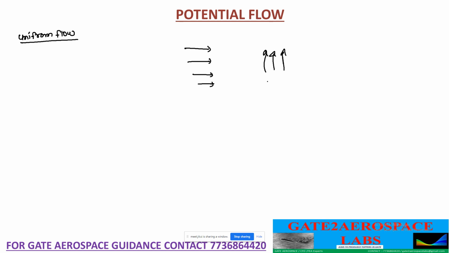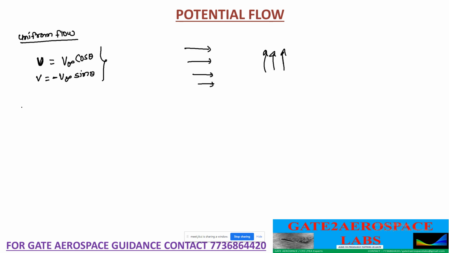But for a general flow, you can represent the velocity. I am skipping the steps because it's a revision. You can represent the velocity in x direction as v infinity cos theta, and in y direction as v infinity sin theta, minus v infinity sin theta.